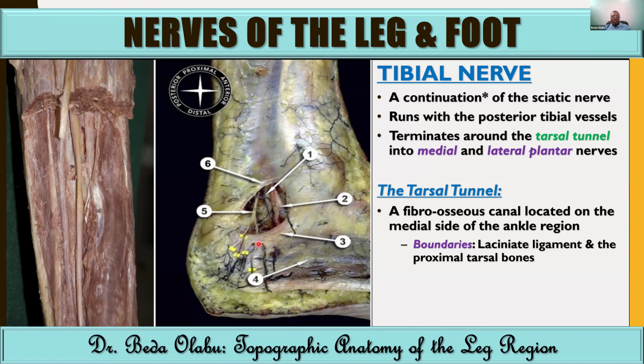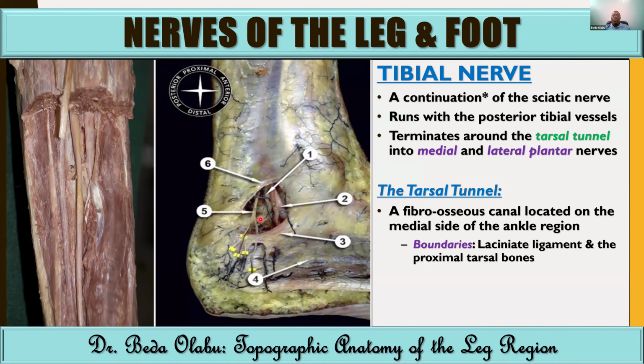The bones we are talking about here are the medial malleolus, more on the roof of the tarsal tunnel. And then we have the talus, we have the body of calcaneus, together with the sustentaculum tali of calcaneus.